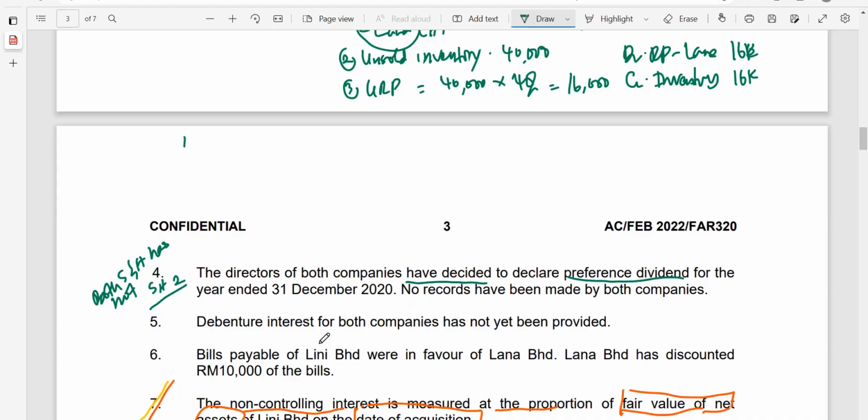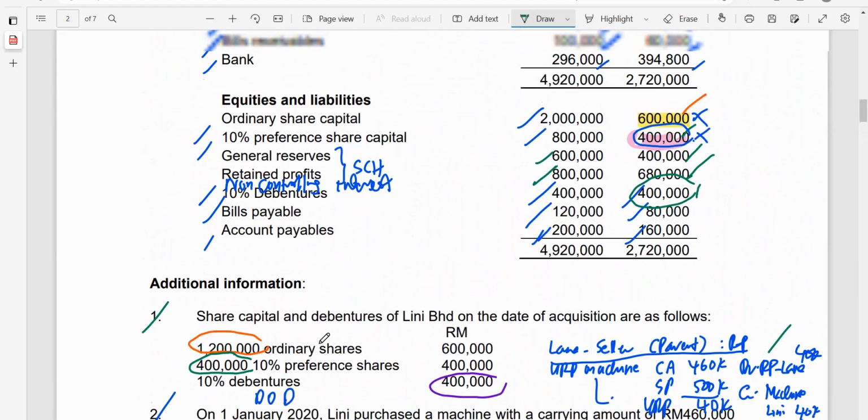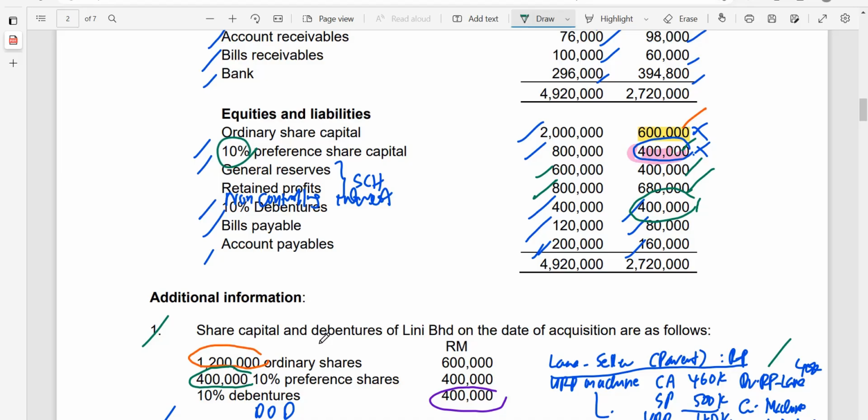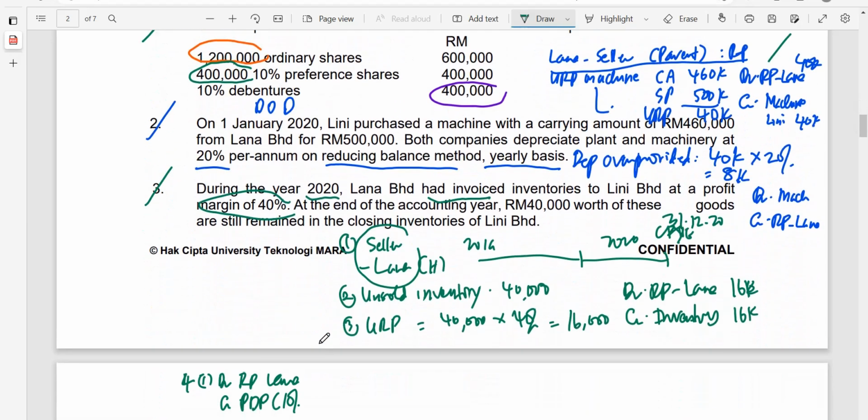So for this one, number 1 is that you will debit the retained profit of Lana. Remember, Lana is the parent. So this is preference dividend payable. If you check, the percentage was 10% for the dividends, and if you check further, the dividend was to be declared based on this 800,000 for Lana and this 400,000 for Lini with the same rate.